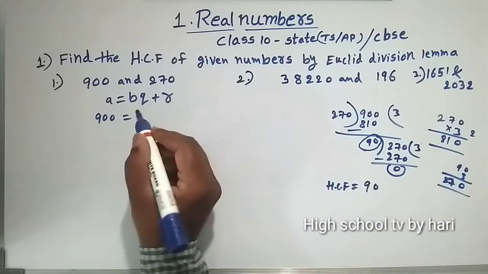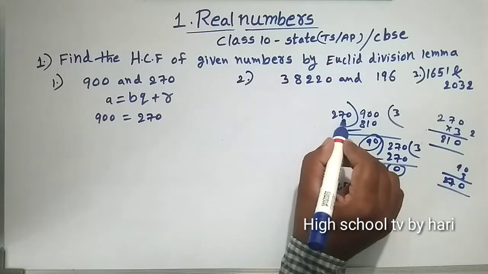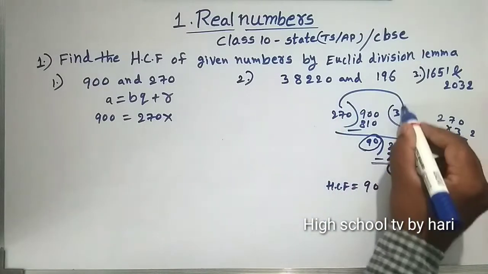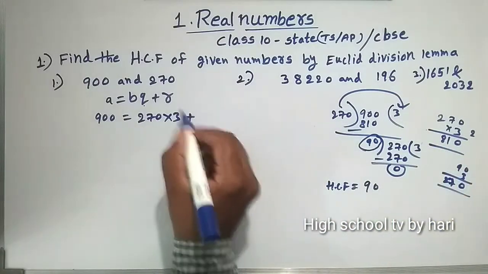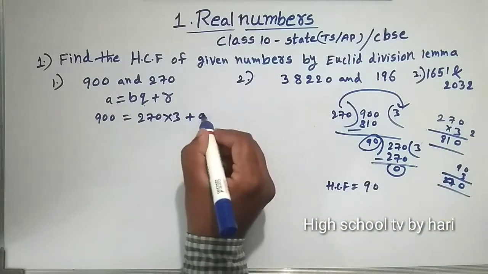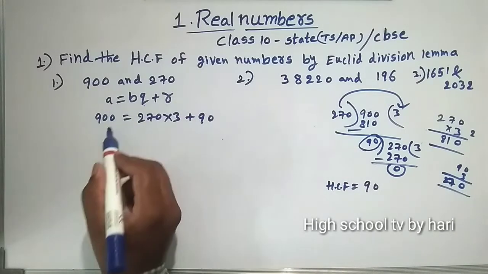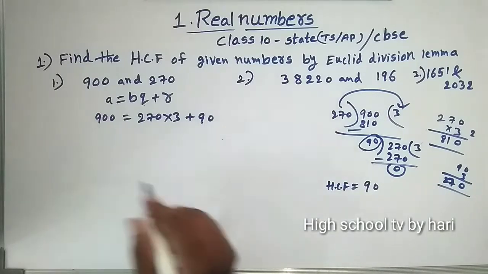And b equals 270, the smaller number, the divisor. Multiplied by 3, that is the quotient, plus the remainder we got, which is 90. So a equals bq plus r: 900 equals 270 into 3 plus 90. This answer equals 900.